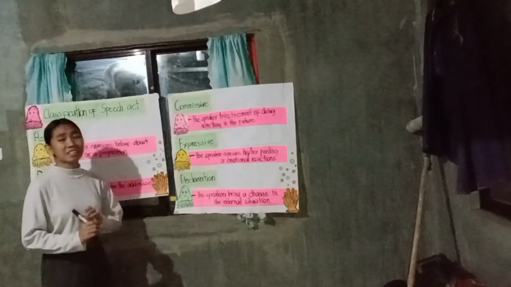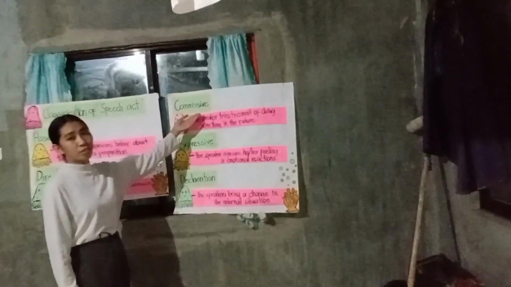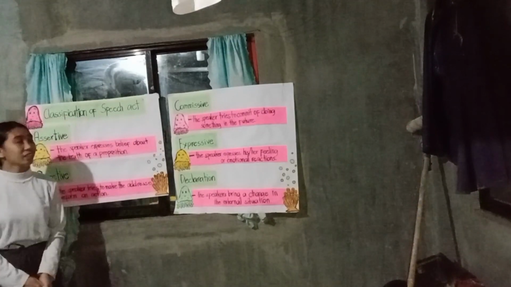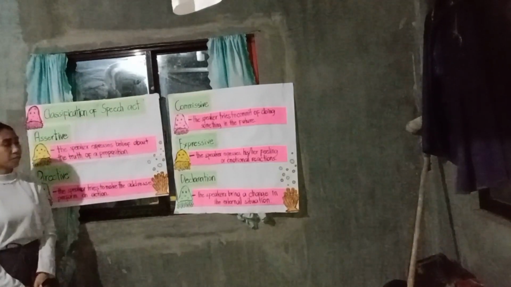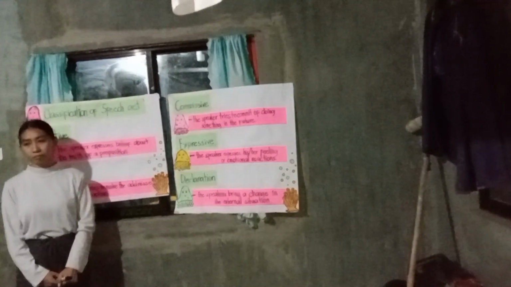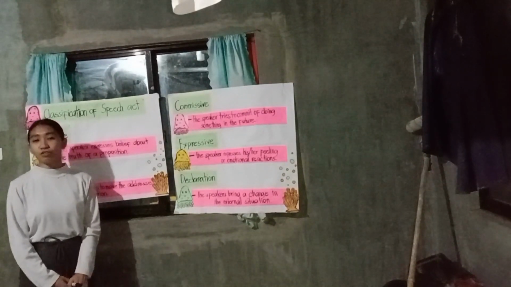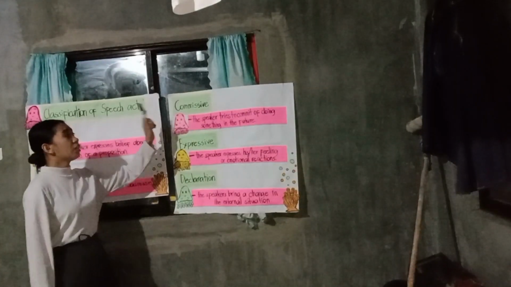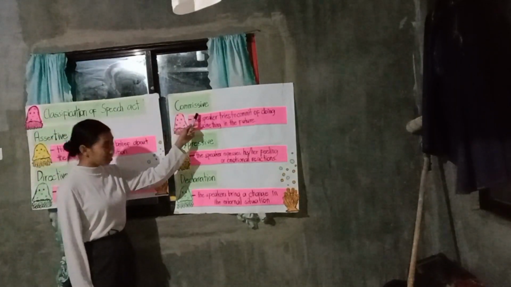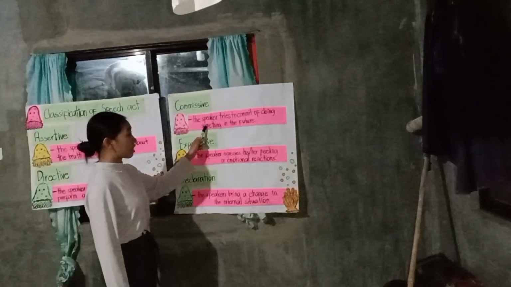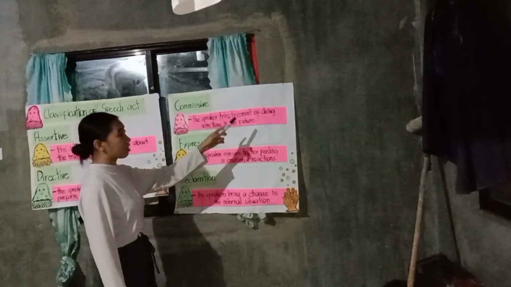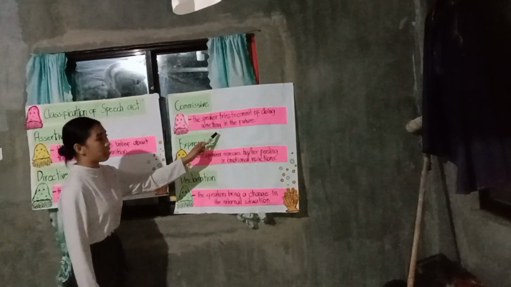Next is the commissive. Again, everyone, read the definition. Okay, thank you everyone for reading. Based on our definition, commissive: the speaker tries to commit to doing something in the future.